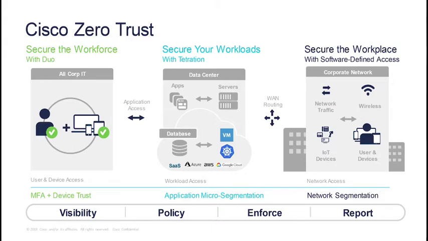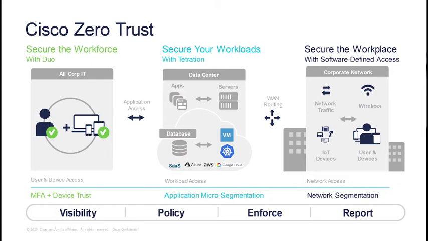So to recap, Cisco Zero Trust helps you secure access to the workforce, your workloads, and your workplace. Duo is gonna help you secure access to the workforce with multi-factor authentication and device trust for any application. Tetration is gonna help you secure your workloads in providing application microsegmentation to any application, whether on-premise or in the cloud.